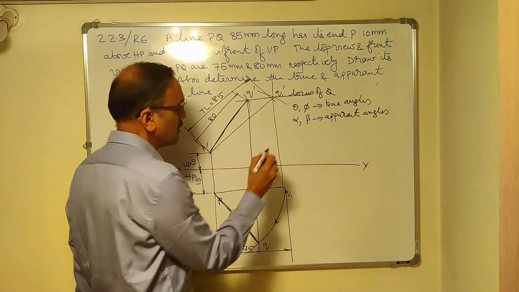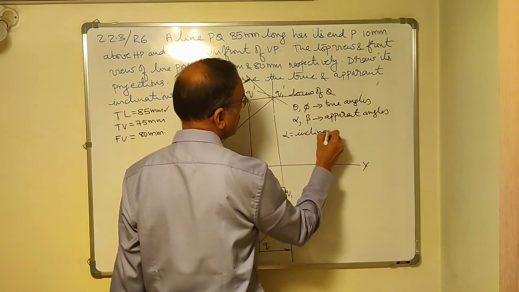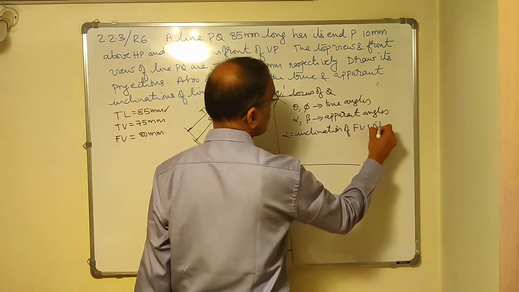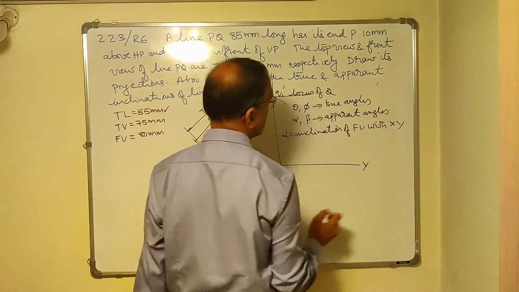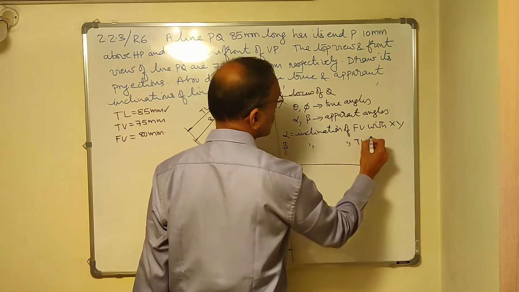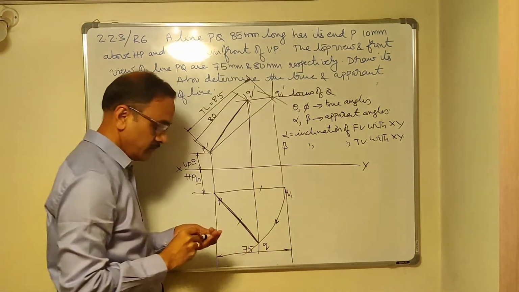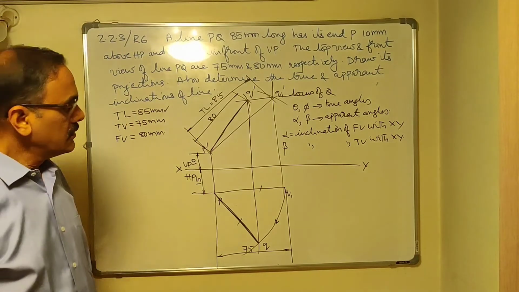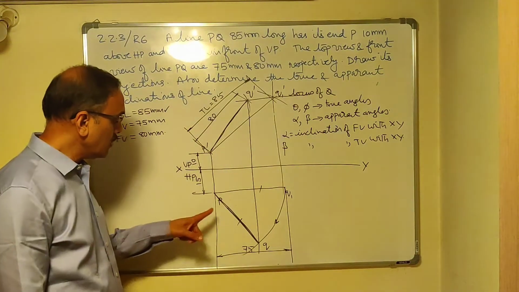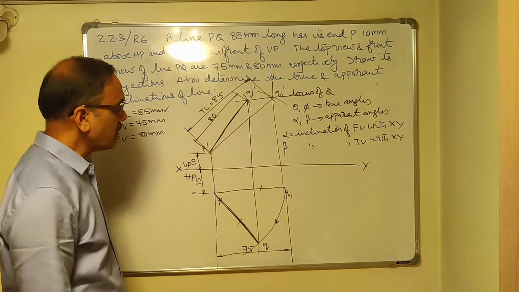Then what is alpha? Alpha is inclination of front view with XY. Similarly, beta is inclination of top view with XY. So this you should know. Okay. Now let us find the angles. Now already you have the top and front views here, so you can measure the angles alpha and beta.